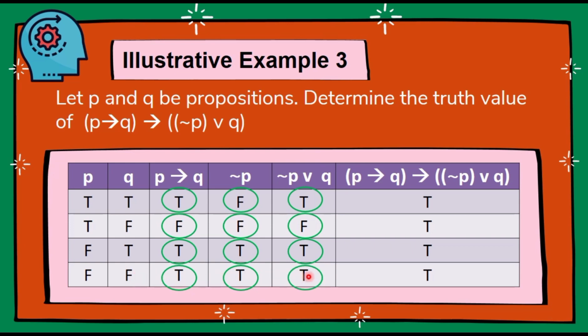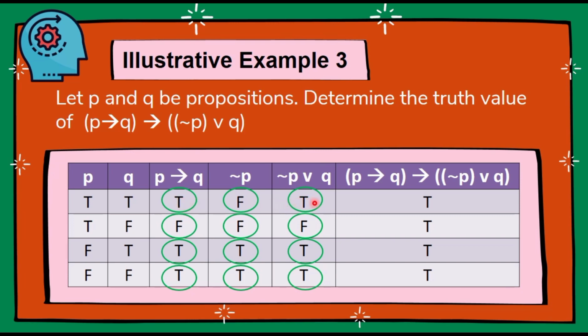So we already have the value of P implies Q and negation of P or Q. These are the two we need to answer the entire proposition, and it is a conditional. As we said, in the conditional, when both propositions are true or both are false, it is true. Let's check. True, true.